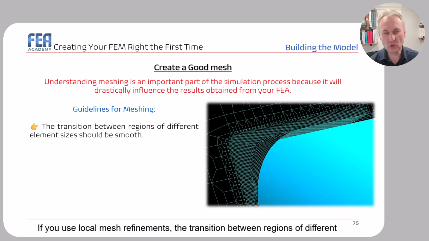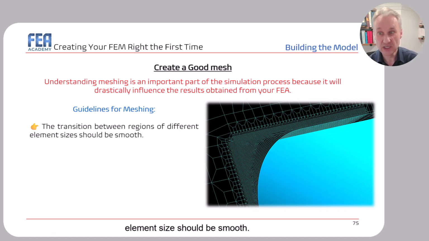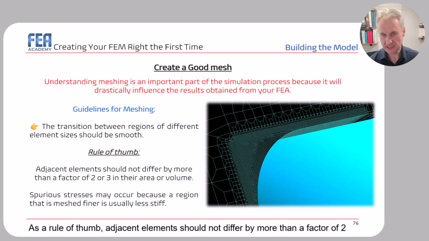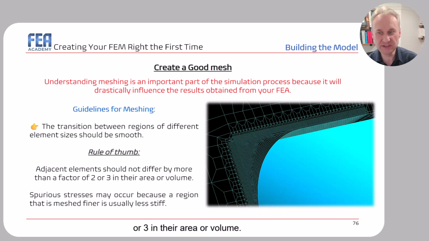If you use local mesh refinements, the transition between regions of different element size should be smooth. As a rule of thumb, adjacent elements should not differ by more than a factor of 2 or 3 in their area or volume.